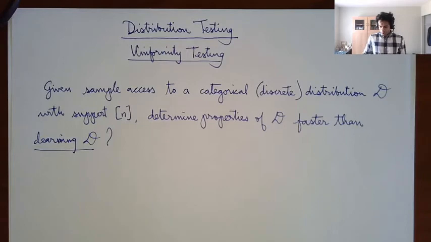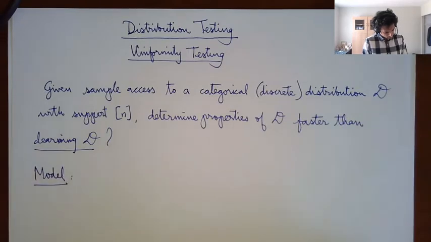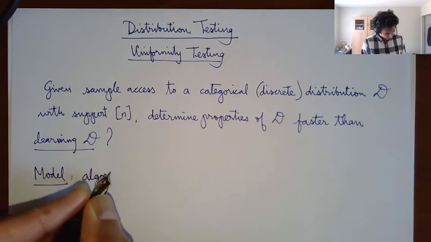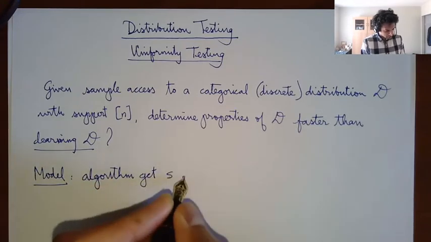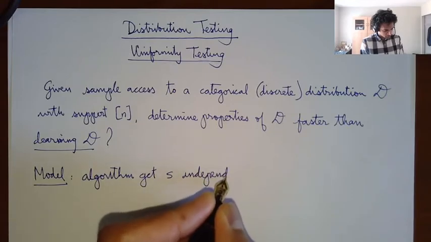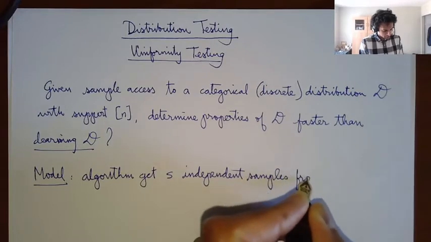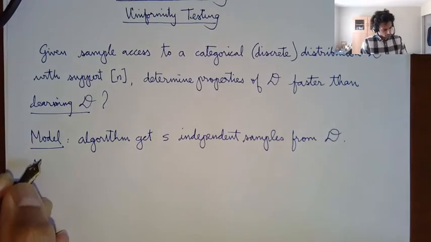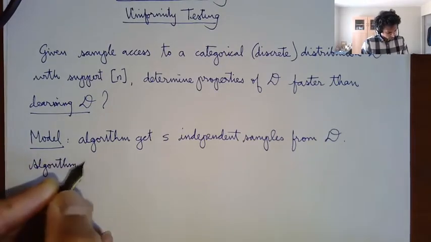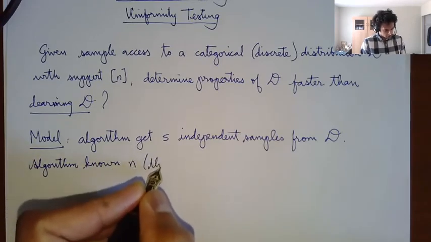And so the model that we will have is that the algorithm gets S independent samples from D. The algorithm knows N, the support size.